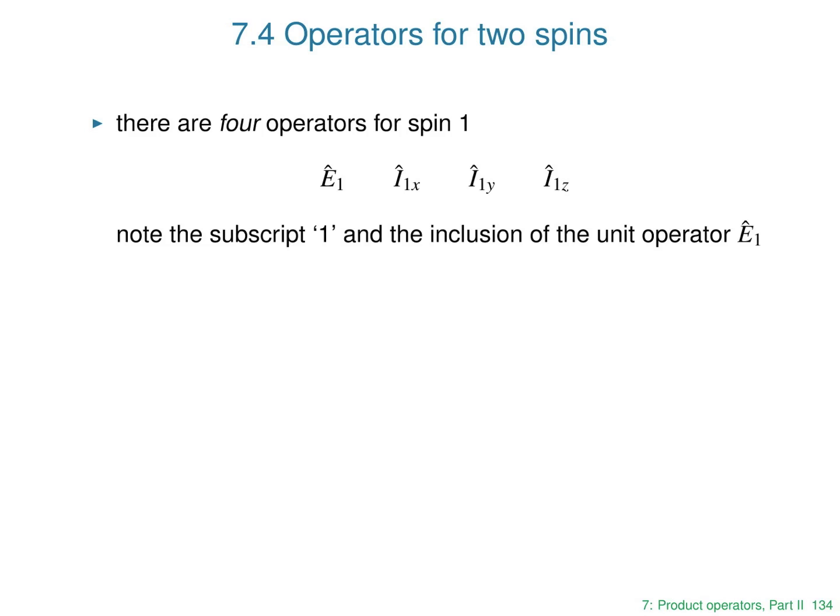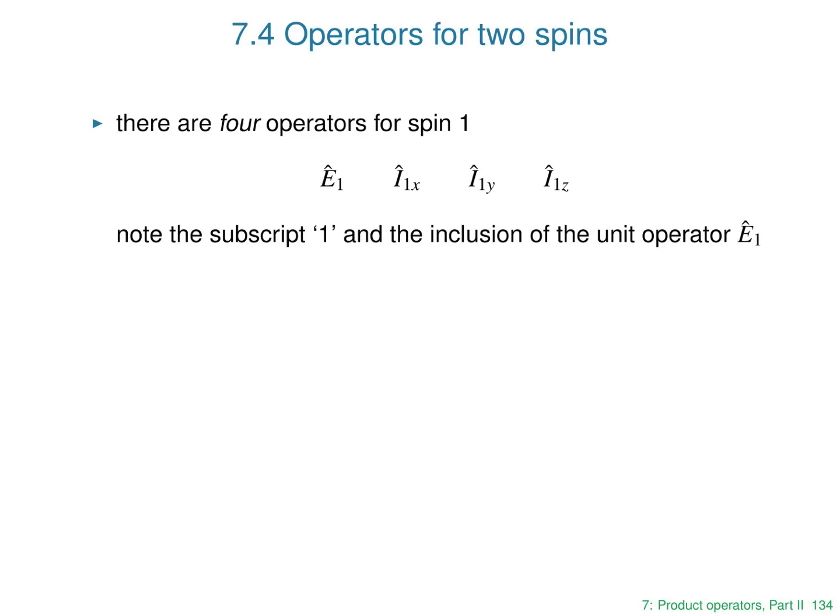We also need to include, for completeness, an operator which I didn't mention before, the unit operator, which I'm going to call E1. In fact, it does absolutely nothing in this theory, but it's helpful to include it at the beginning so you can see exactly how all of the details of the operators pan out.